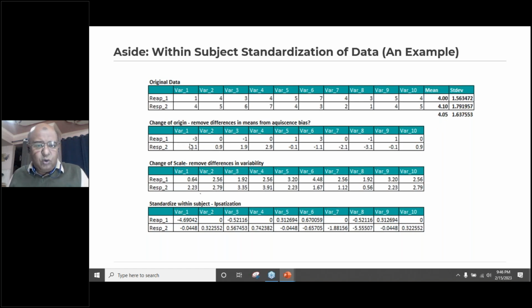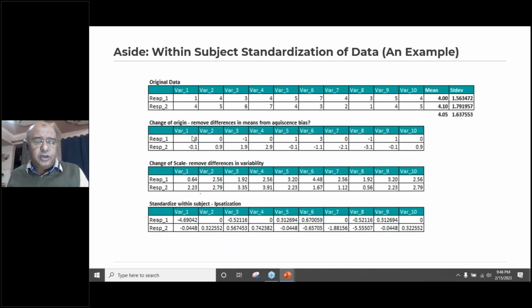Now, people are actually using different points of origin. That's why, when we say there is a yea-saying bias, a 3.5 for a South Korean respondent is not the same as a 3.5 for a German or a US respondent. Let us take that part away and change the origin, because they are using different scales, different origins of measurement.